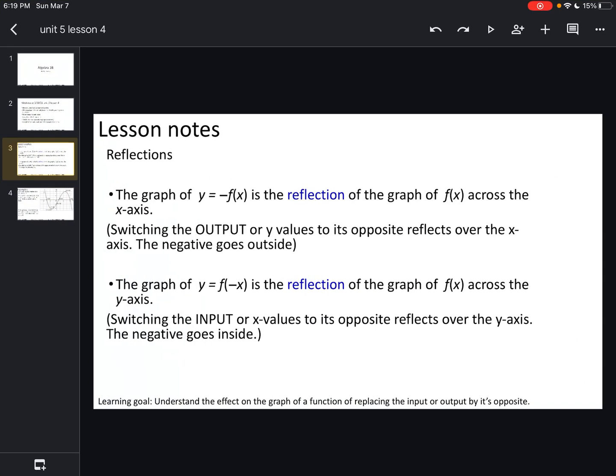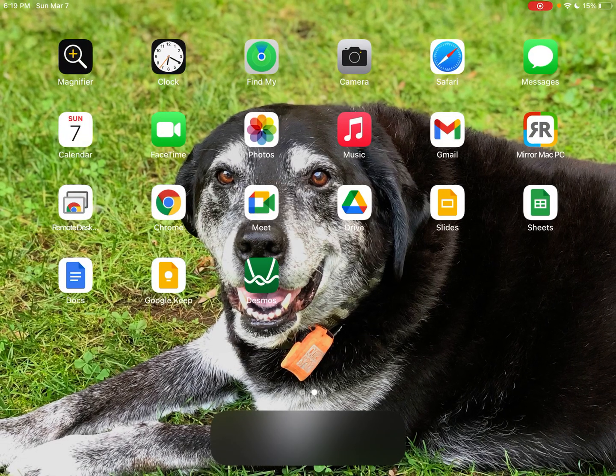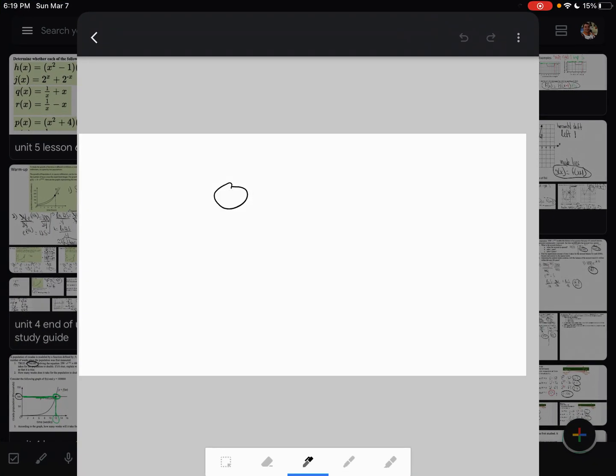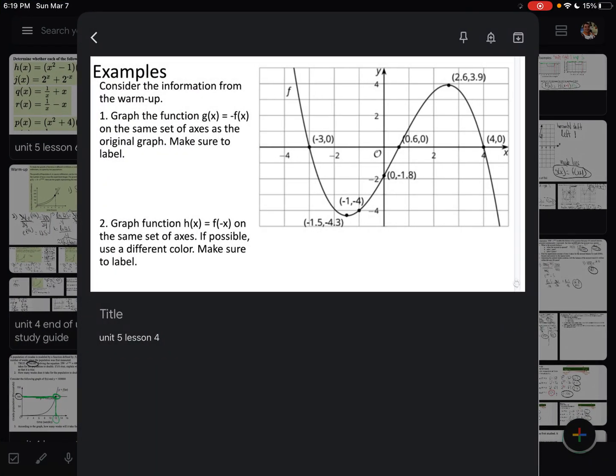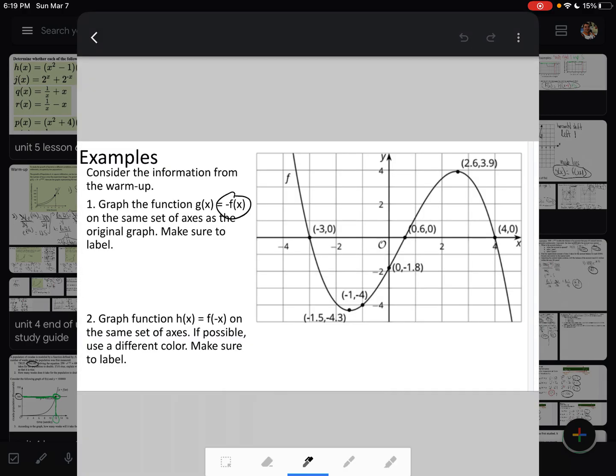Notice the negative is outside the parentheses. If it's outside the parentheses, this is an x-axis reflection, and I'm switching the y values.